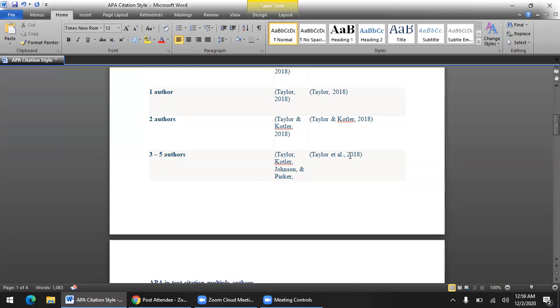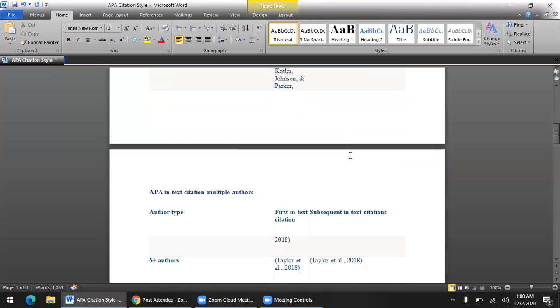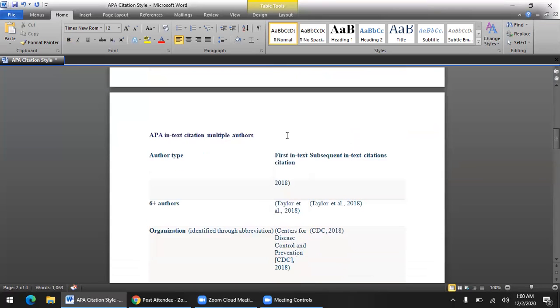Come to the work done by six or more authors. Whenever you are citing the work of more than six authors the first time, write Taylor et al., followed by a period and a comma, 2018.